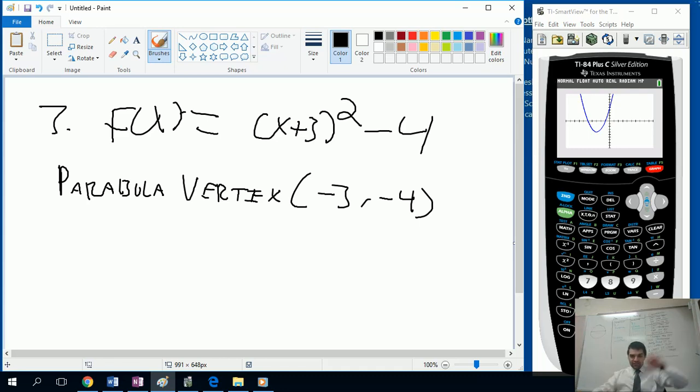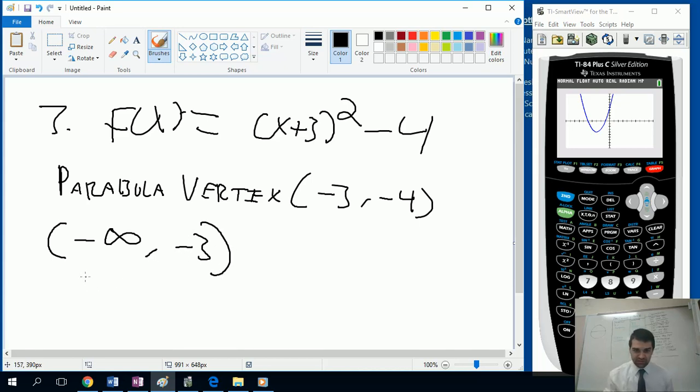So on the interval from -infinity to -3, not inclusive, it's going to be decreasing.